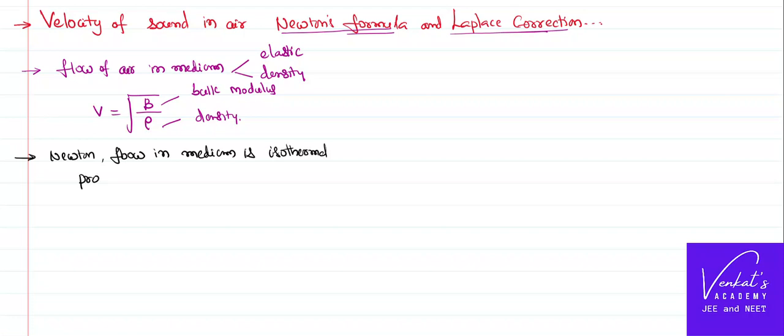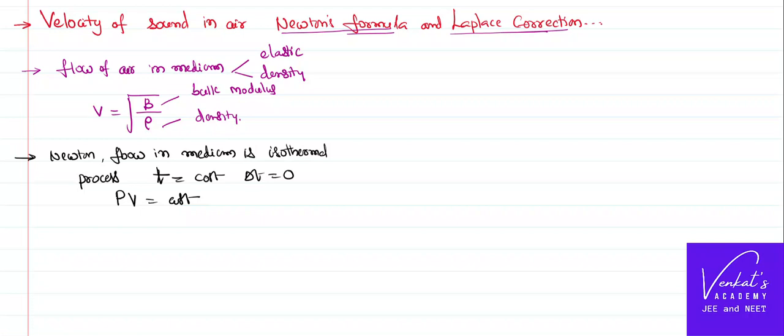What do you mean by isothermal process? The temperature of the system remains constant, or change in the temperature is equal to 0. As the temperature is constant, Boyle's law in that medium, P into V is constant, is valid. We know at constant temperature for a given gas, pressure is inversely proportional to volume.